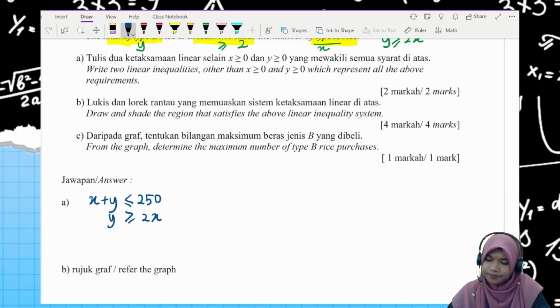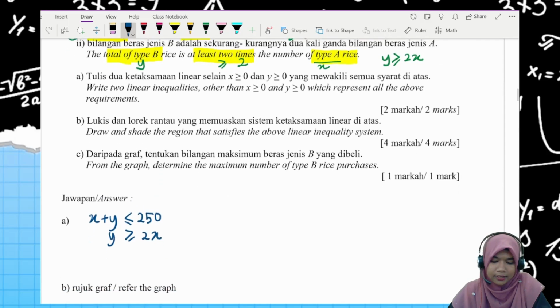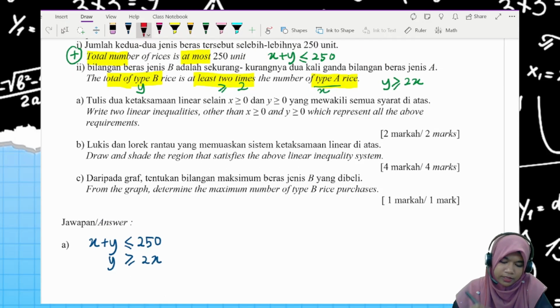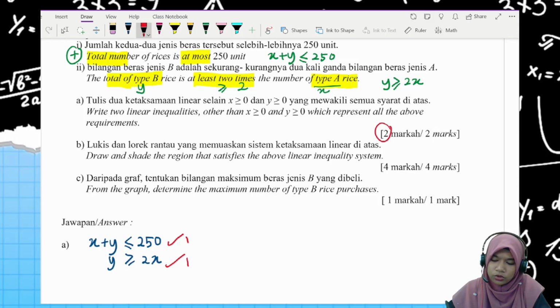The mark is 1 mark, 1 mark, so you get 2 marks. Come to question B: draw and shade the region that satisfies the above linear inequality system. When it involves this, you have to draw the graph. The mark is 4 marks.